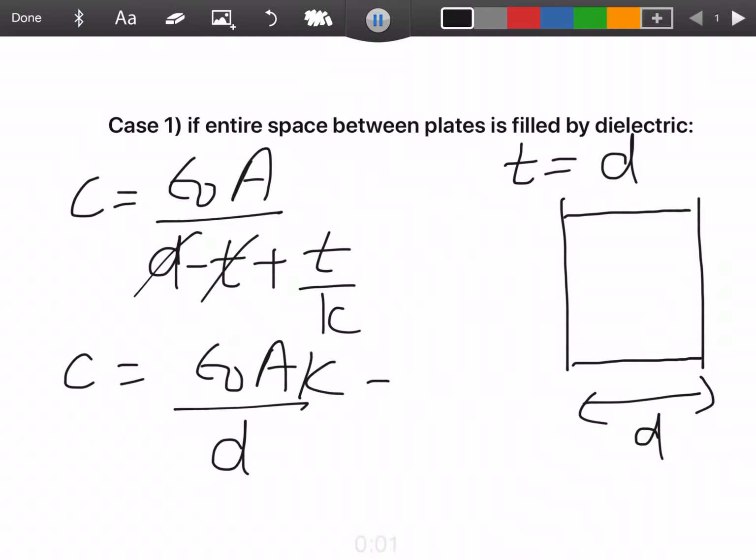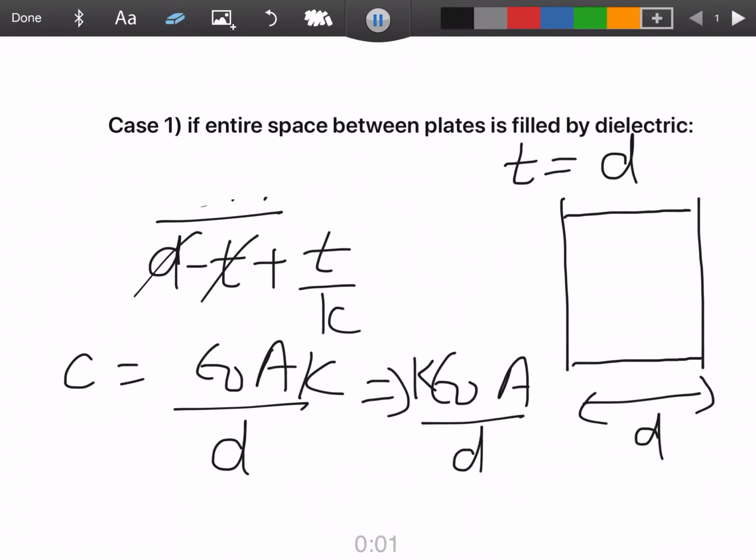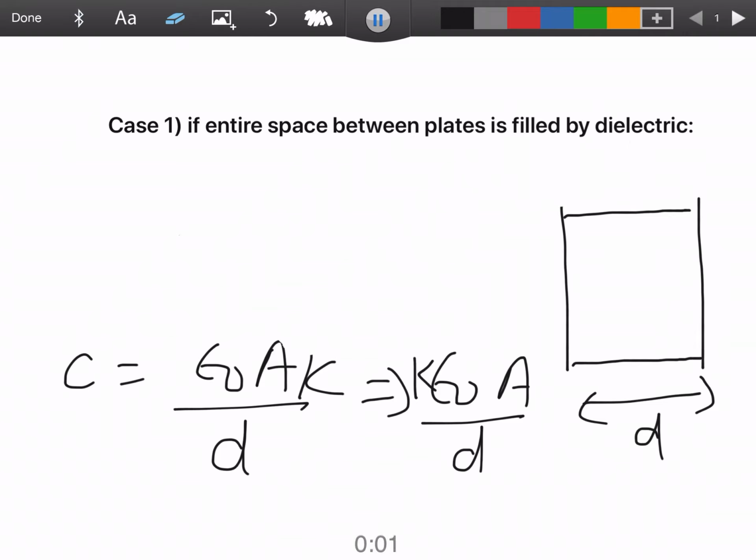So our expression will become epsilon naught K A over D. So this is the expression which we will get.